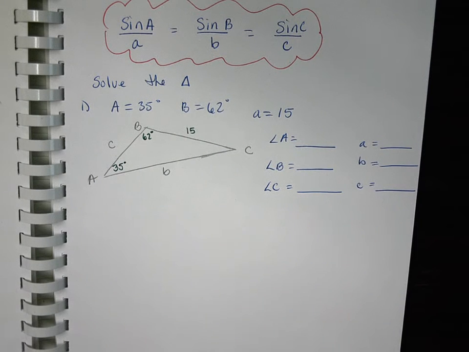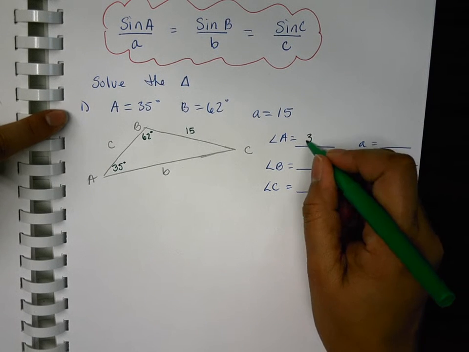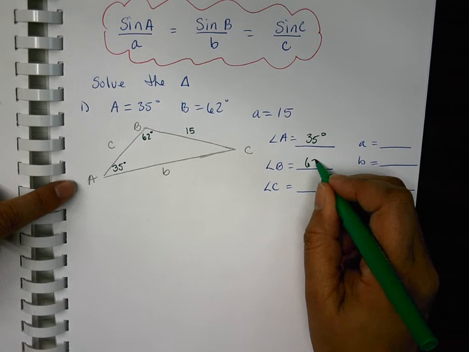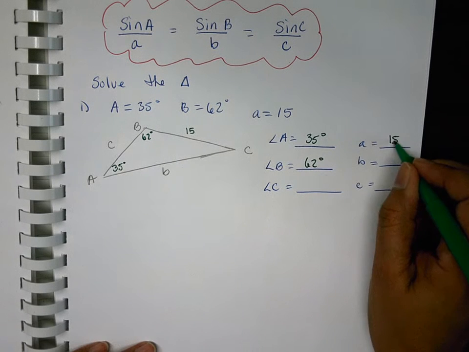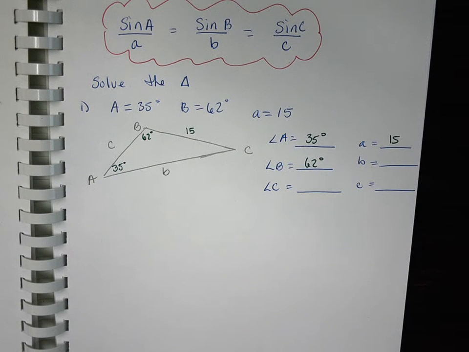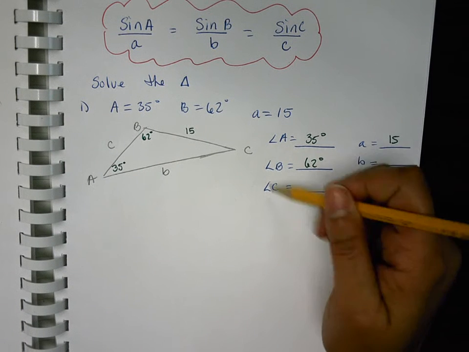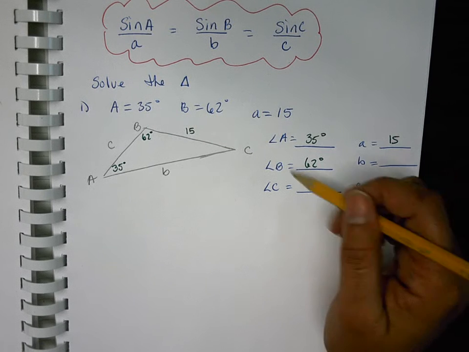All right, what is given? Angle A is 35 degrees, angle B is 62, and little a is 15. All right, is angle C 90 like on the other lessons? No, it could be, but it's not an assumed fact because it's not a right triangle. But the one tool that we can still use is that all angles add up to what? 180.